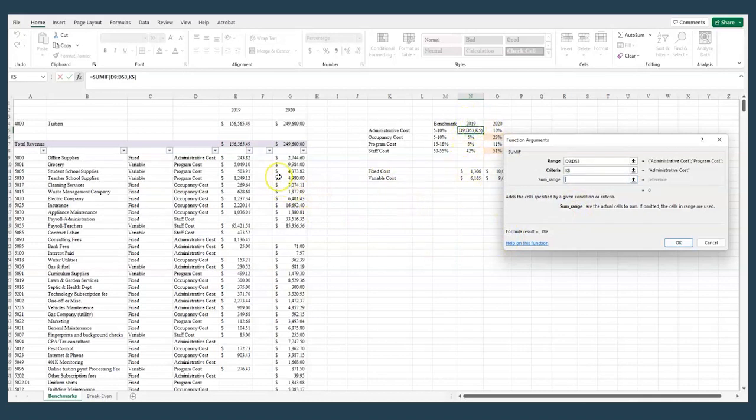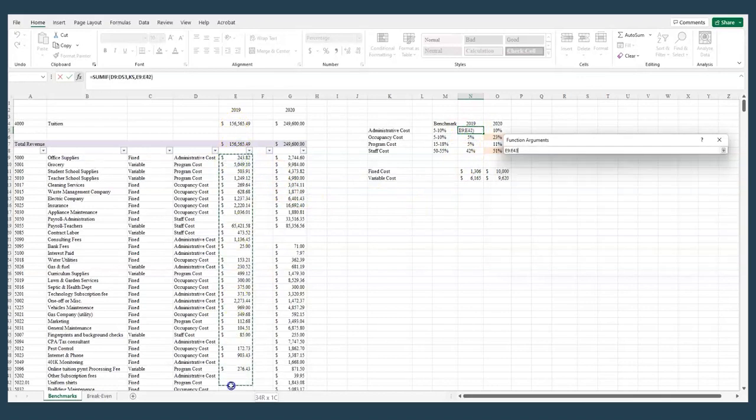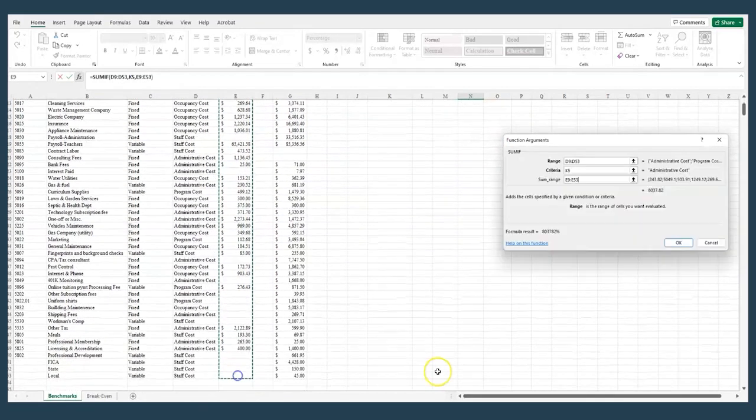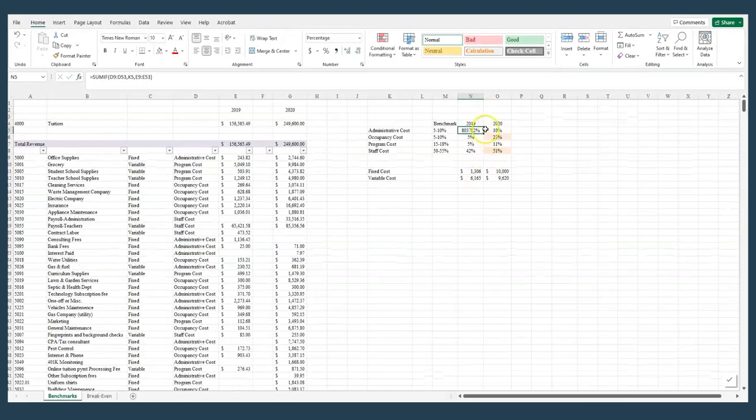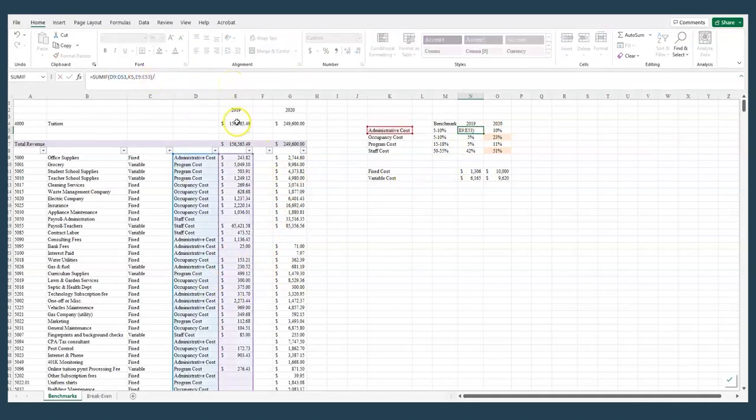Since we're looking at 2019, we want the 2019 expenses that correlate with that, and voila. This shows us that about $8,000 of these expenses are administrative in 2019, because it's summing up if it says administrative cost. But then what we have to do is divide it by revenue.